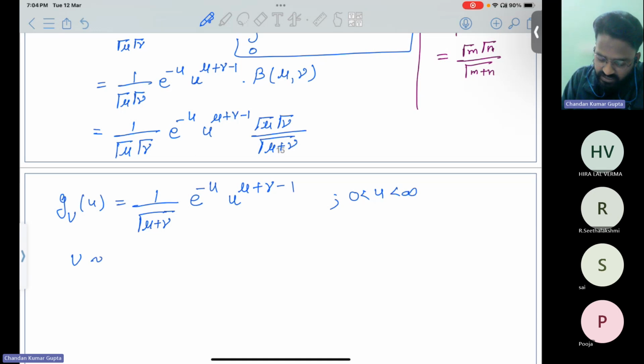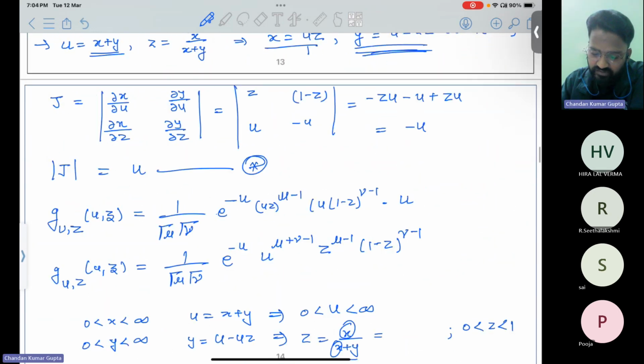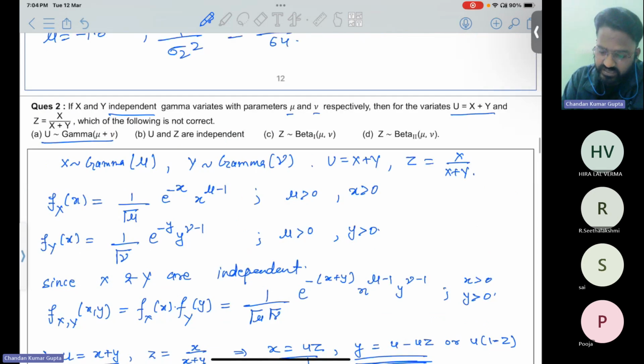This is nothing but a one-parameter gamma distribution with parameter mu plus nu. That means our first option is the correct one.